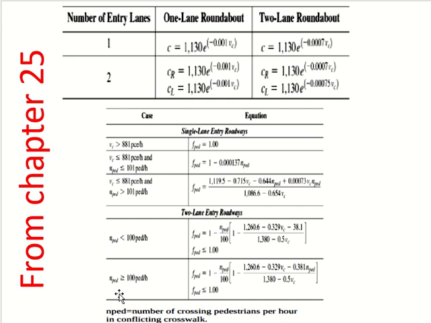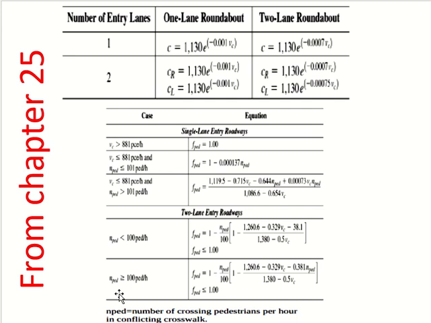So the first case, left top, you have one lane on the roundabout, one lane on the road. Second case, you have one lane on the roundabout but two lanes on the road. So if the road has two lanes, then you can see we have different equations for the left hand side lane and right hand side lane. Clear? And same thing in the other column as well.